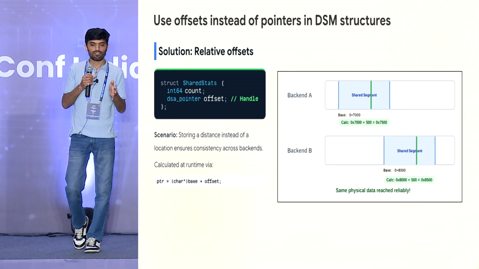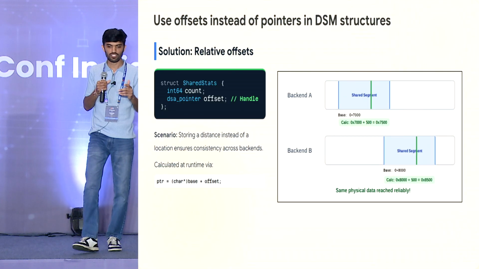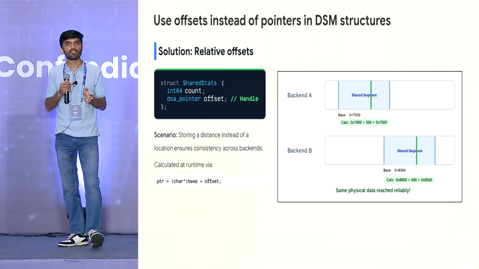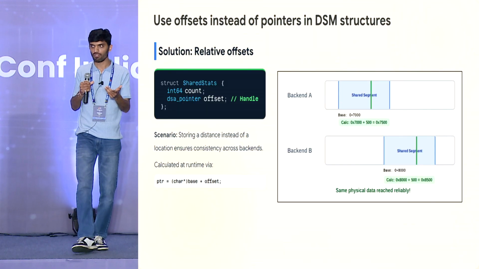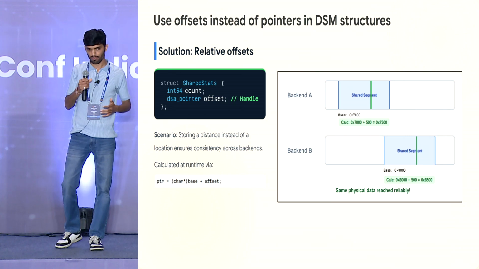Now whenever any other backend, in this case backend B attached at address 8,000, it can use the offset to calculate the delta for the next field, and that is how it can translate where the next memory location is.